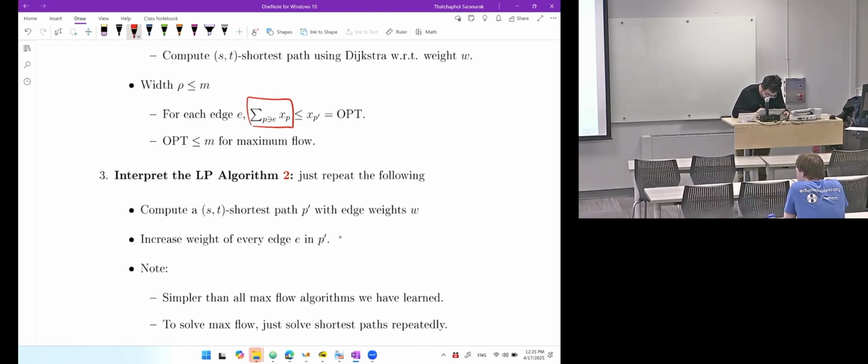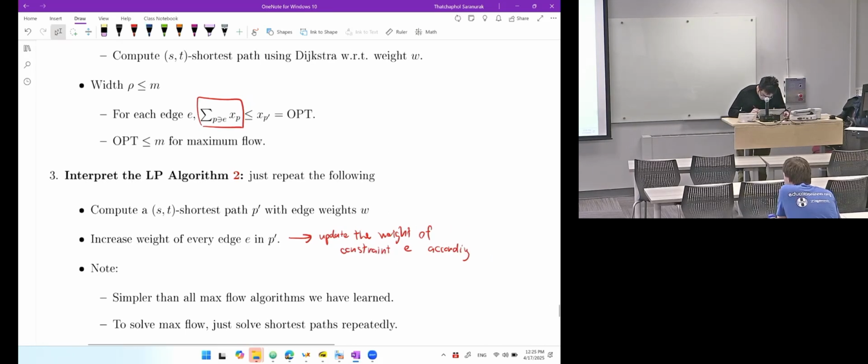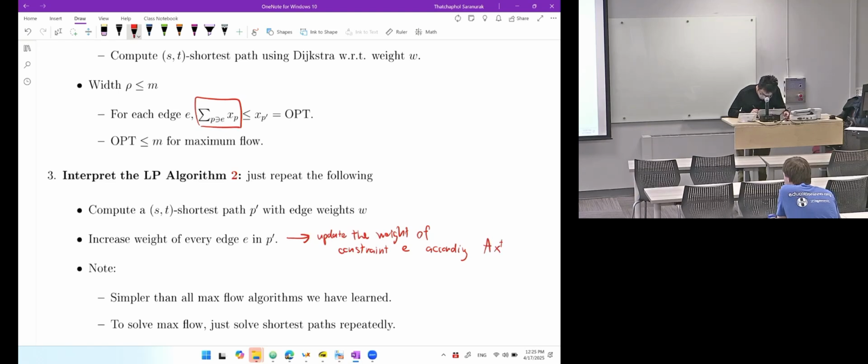What we do here is update the weight of constraint e in proportion to how big this thing is at the constraint of e.